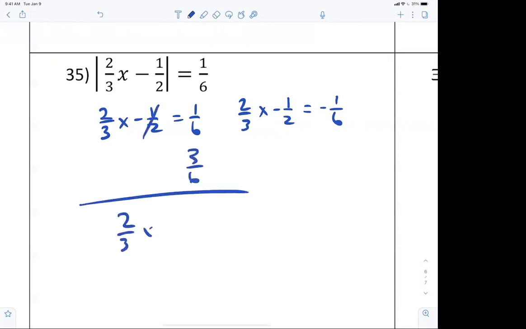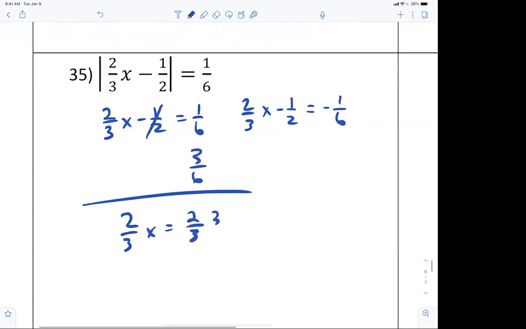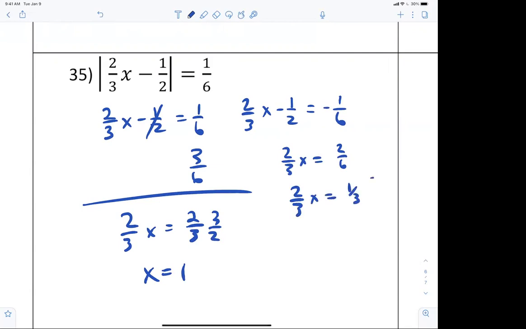So 2/3 x equals 4/6, which reduces to 2/3, multiplied by the reciprocal, x equals 1. All right. Adding 3/6 makes it 2/6, which reduces to 1/3, multiplied by the reciprocal, 3 over 2, x equals 1/2.